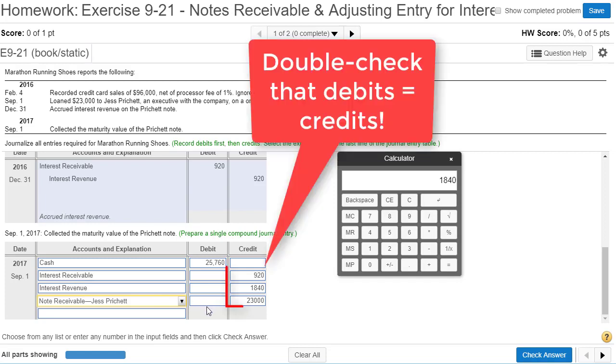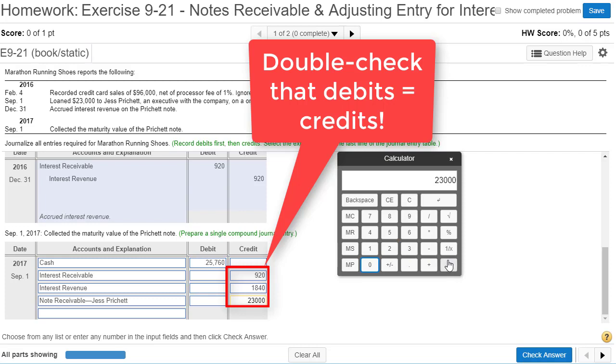Now this is critical. Because of rounding errors, the debits and credits might not add up exactly. So what I want you to do is add 920 plus 1840 plus 23,000. Let's see if that equals 25,760. I believe in this problem it does, but when you do the random version of this problem, it might give you one where, because of rounding differences, it might not add up. And I will tell you what to do with that. So we got 920 plus 1840 plus 23,000.